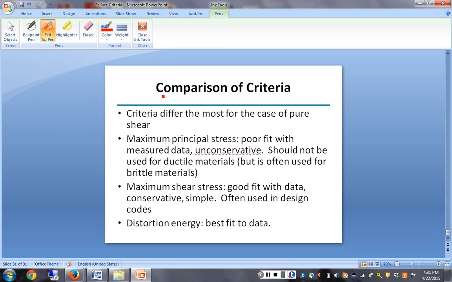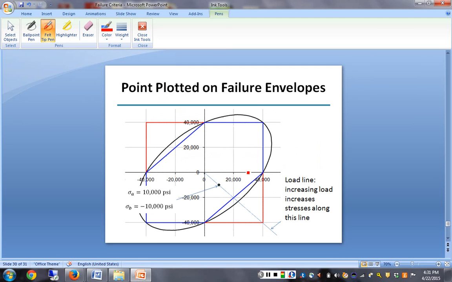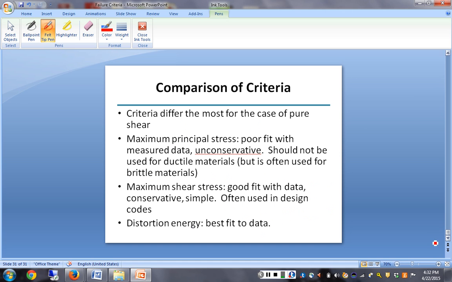If both principal stresses are positive, the blue line and the red line are the same criteria. They're not really different in the first and third quadrants. So that's it.